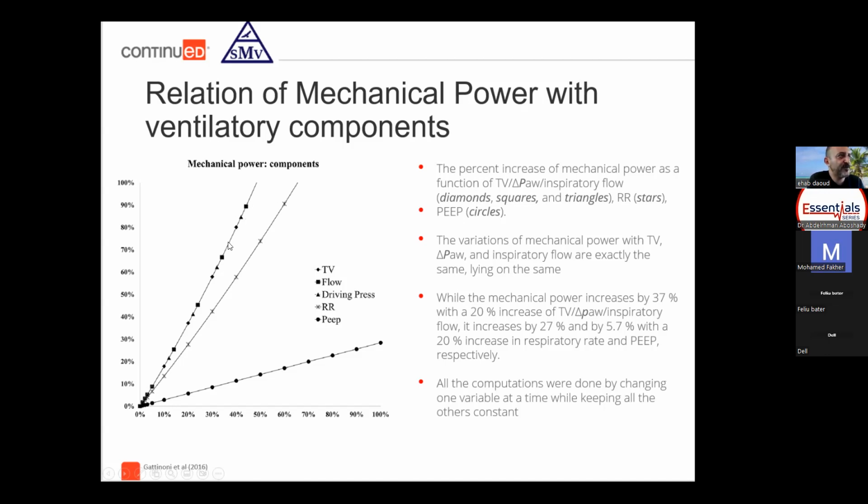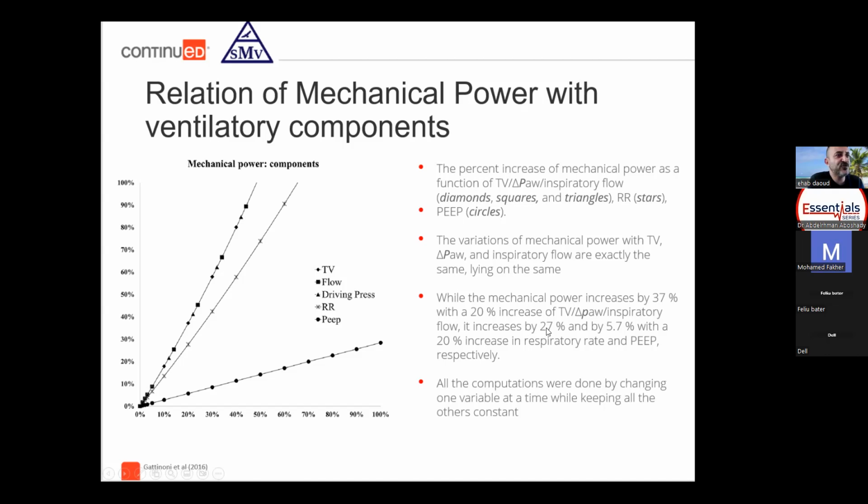So the tidal volume, the flow, the driving pressure are here. The respiratory rate has its own curve, and the PEEP has its own curve. So the mechanical power increases by 37% with any 20% change of the volume, the pressure, and the flow, this first curve.